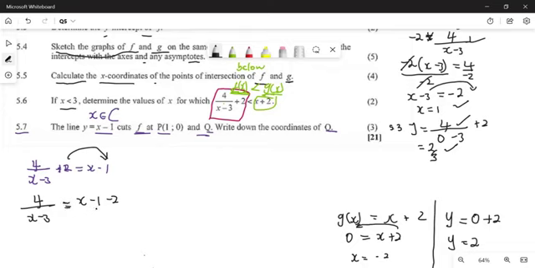These two are like terms, and they give us -3. I'll put -3 here. What should I do next? Cross multiply. We're going to have 4 equal to x minus 3 times x minus 3.